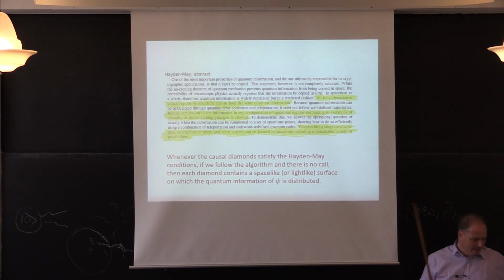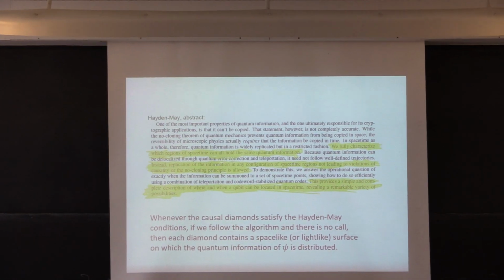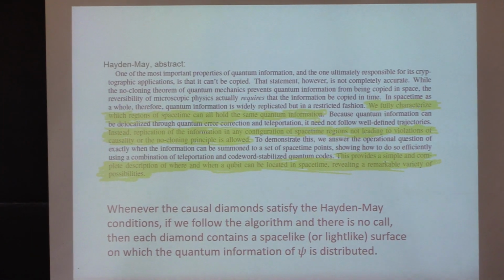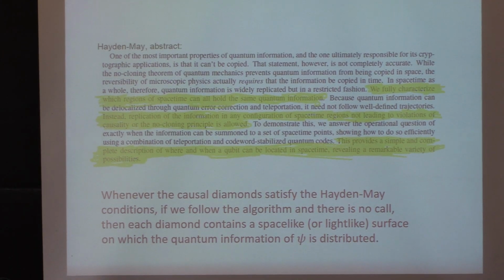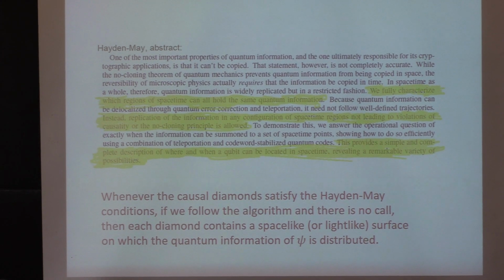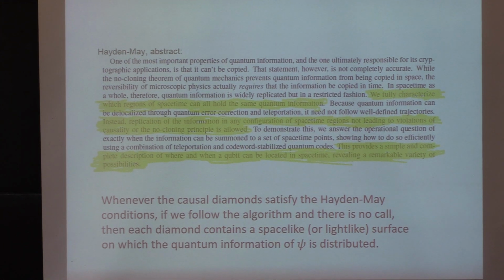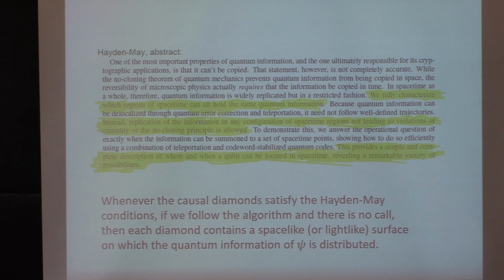So I was puzzled, and my collaborator Emily and I were both puzzled for quite a while, not by the algorithm, which is beautiful, and the theorem, which is lovely, but by Patrick and Alex's interpretation of what it's telling us. I think after talking with Patrick, I understand much better. So here are the things they say in their abstract.